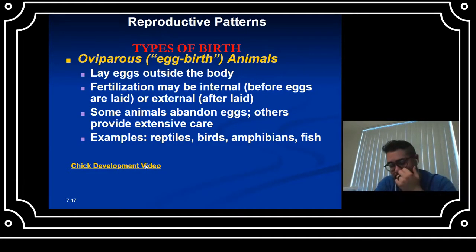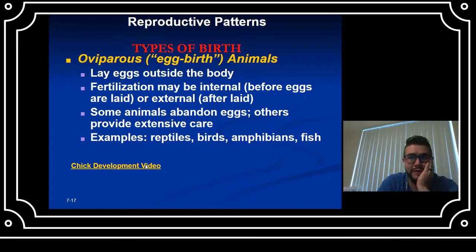So there are 3 main types of birthing types: oviparous, ovoviviparous, and viviparous. We'll start with oviparous, which is egg birth. This is when eggs are laid outside the body. In this case, fertilization can be internal or external, whether it's before the eggs are laid or after. Some animals abandon their eggs while others provide extensive care.